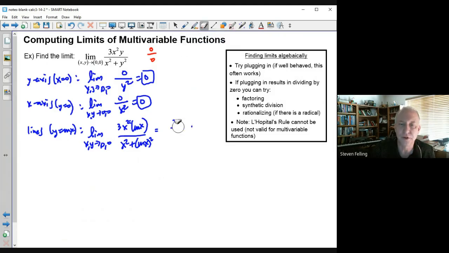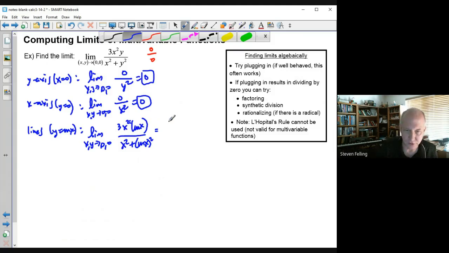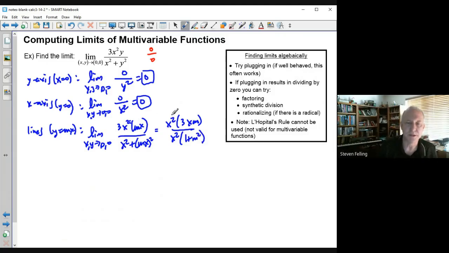Let's do that, just trying to get this so that I can plug in things and evaluate to a constant or a 0 or an infinity or something like that. If I factor out an x squared, I'd be left with 3xm on top. And if I factor out an x squared on the bottom, I'm going to be left with 1 plus m squared, right? But that means that if you took this limit and you plug a 0 in for this x, we're going to get 0 over 1 plus m squared, which is presumably not 0. And so this is also 0. So now the line pathway also produces 0 for the output value. Okay, so I've got to bump this up to something else.